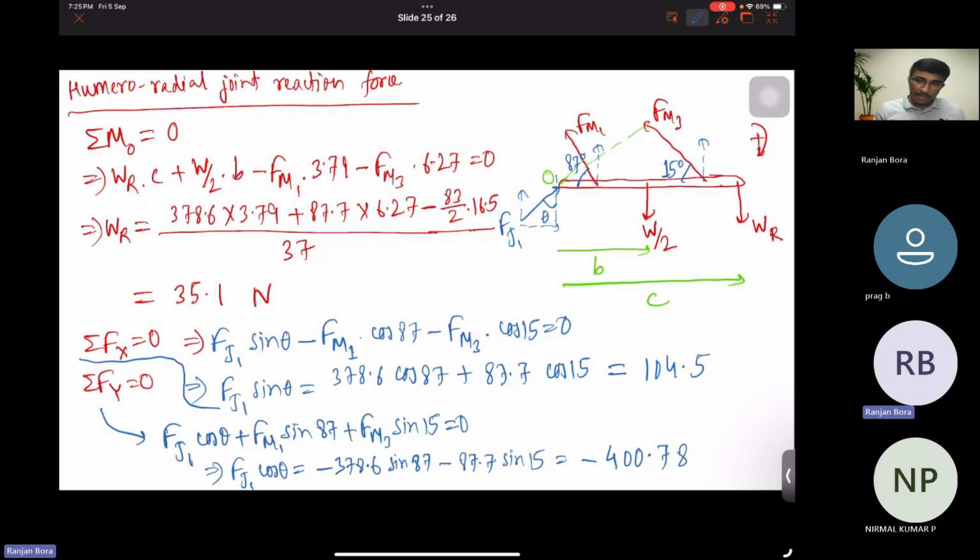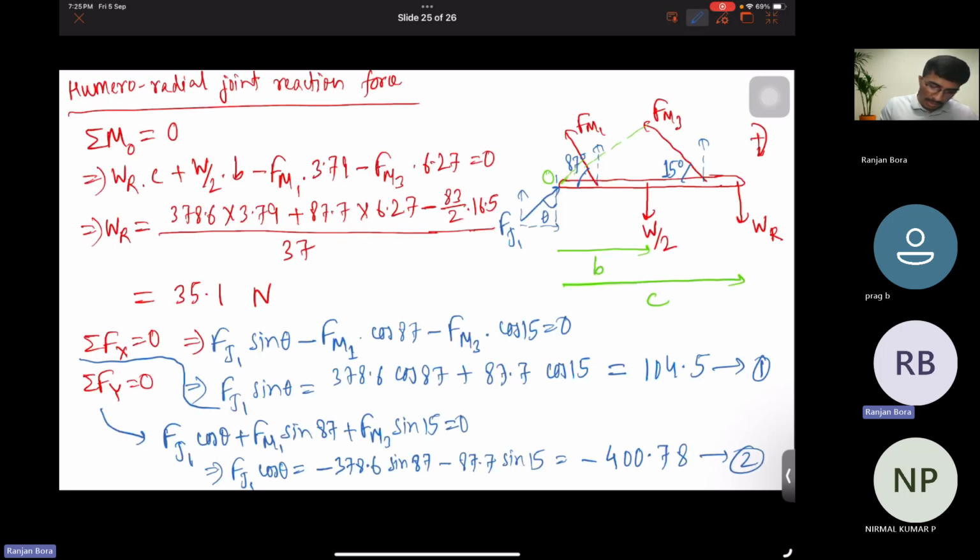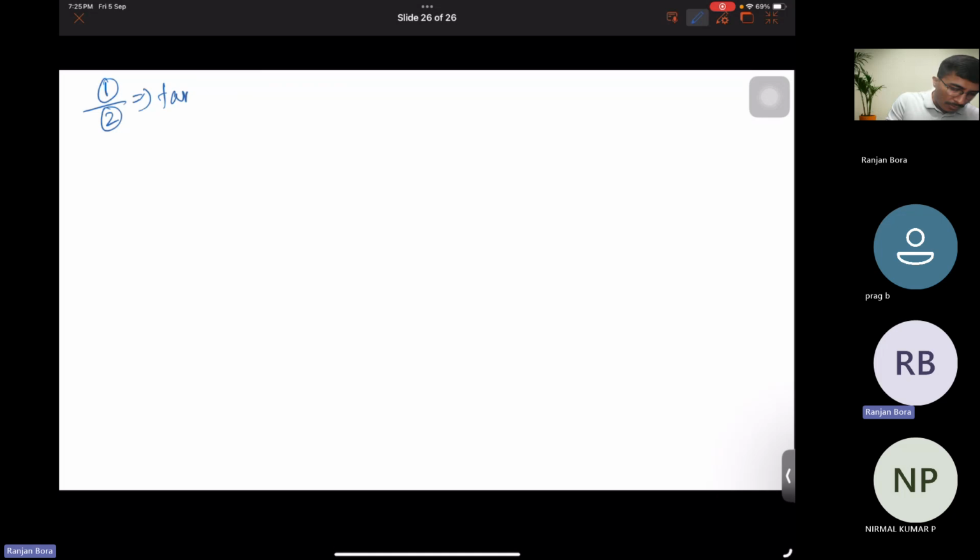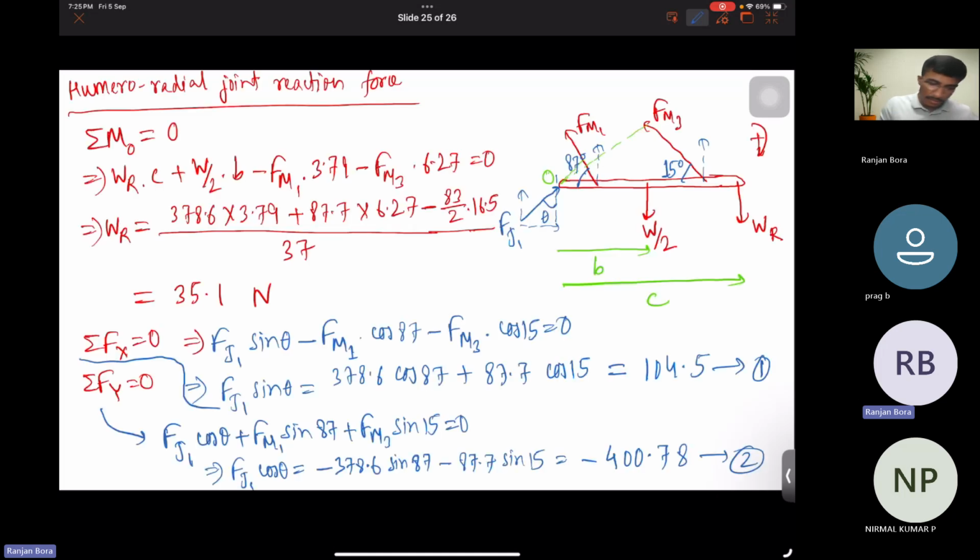So we have got two equations: FJ1 sin theta equals this, and FJ1 cos theta equals this. Now we can find out FJ1 and theta. What we'll do is divide 1 by 2. If we do this, then we'll get tan theta equal to 104.5 over minus 400.78.